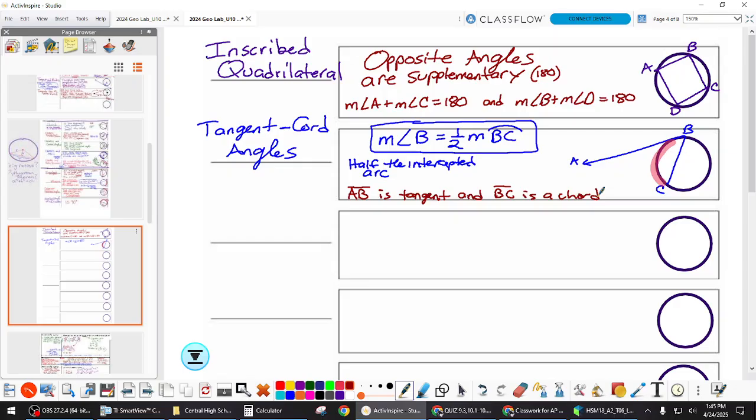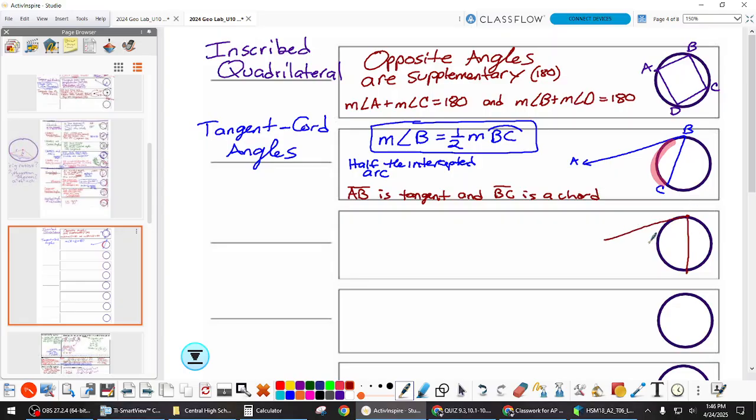So let me flip this on you. How big is the arc compared to the angle? If the angle is half of the arc, how big is the arc compared to the angle? Here, don't draw this because it's just a quick example.